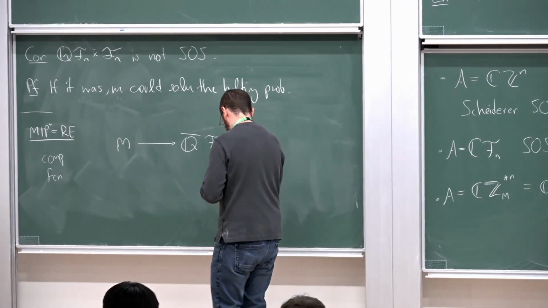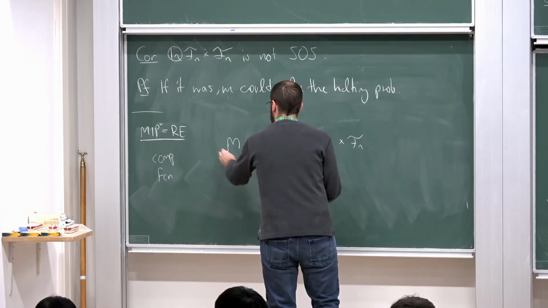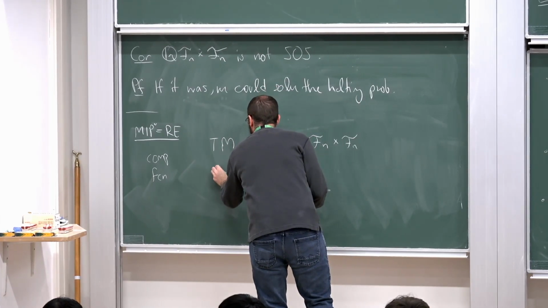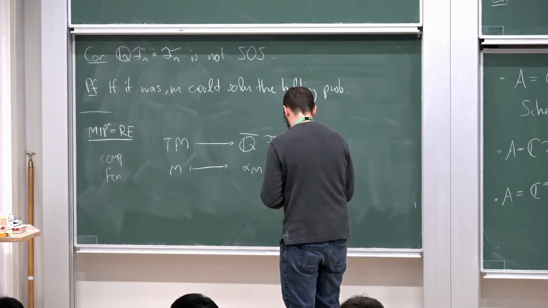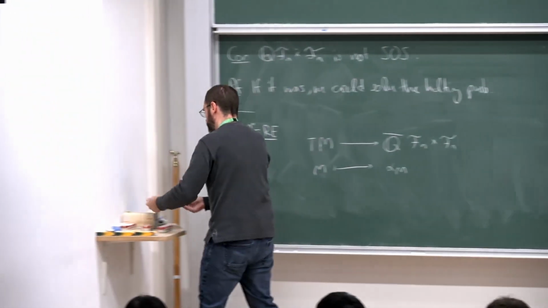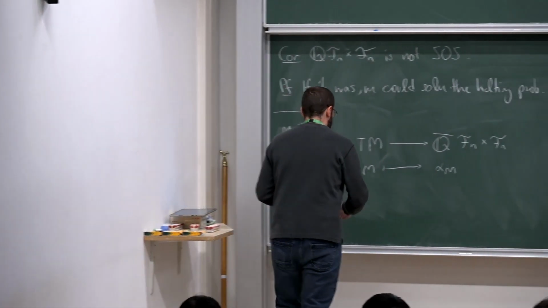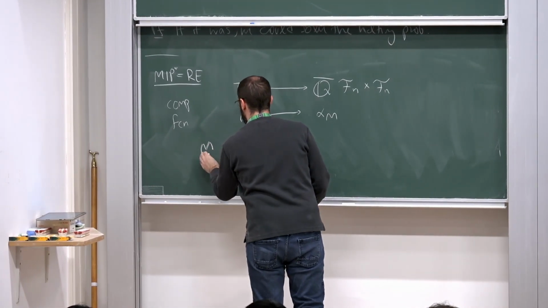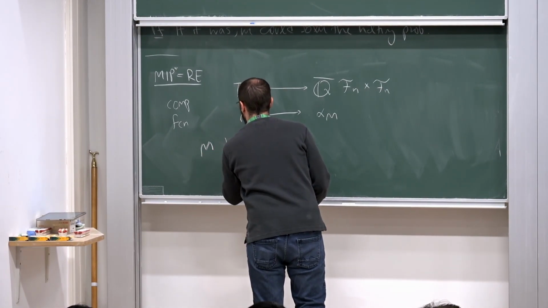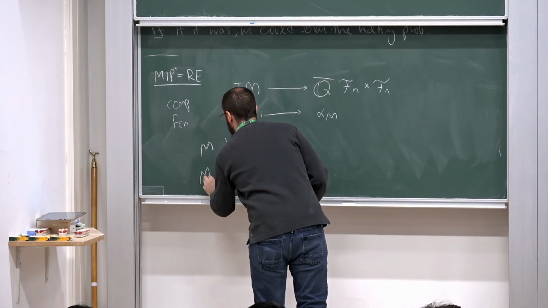It's going to go M again to alpha M. And then what property do I want? There's two cases. One is M halts, and one is M does not halt.